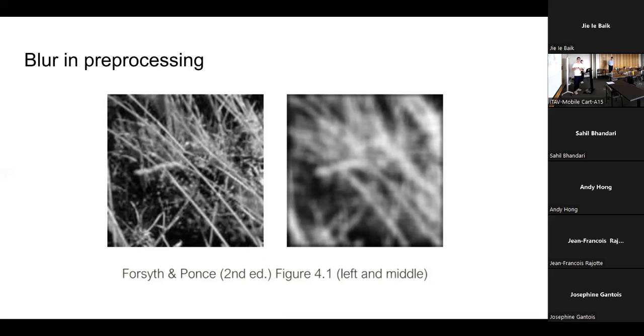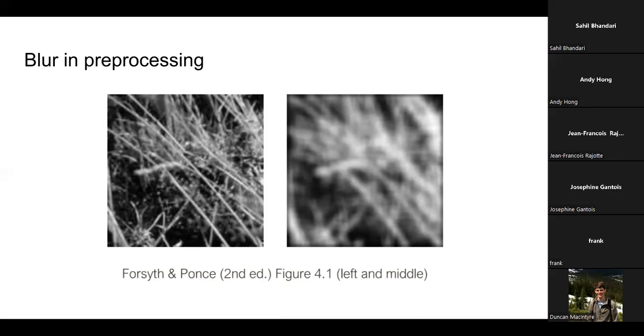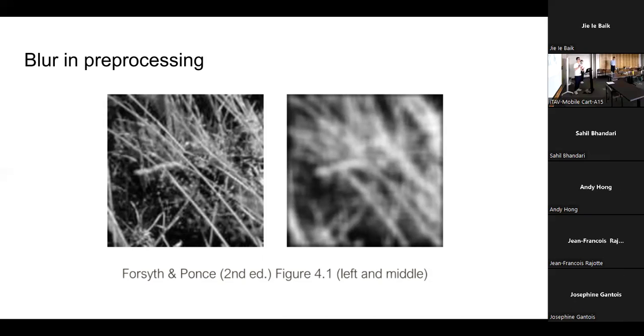So that means if we try to blur the image with a Gaussian filter, there might be benefits: we can increase the accuracy by removing the high frequency noise. So we might want to try blurring in the pre-processing stage.